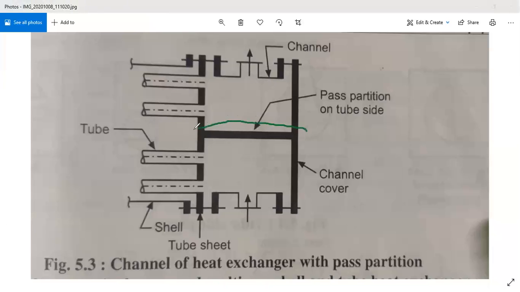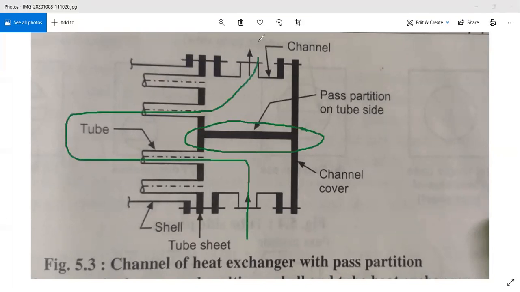So this is the pass partition, that is nothing but a metallic sheet or metallic part which is welded in the channel cover, and in this channel part, if you add this metal partition, then you can guide this tube side fluid in this direction, right?